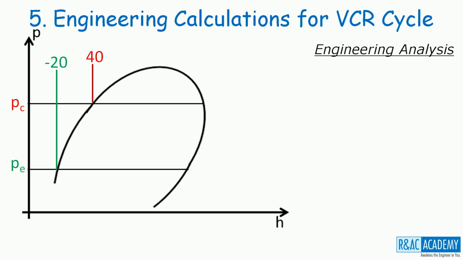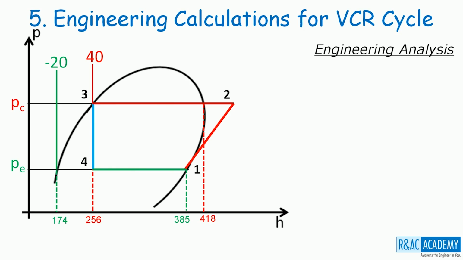Then let us mark the saturated liquid enthalpies and saturated vapor enthalpies corresponding to PC and PE. Now we will superimpose the simple VCR cycle 1, 2, 3, 4 and have this point marked as 2'.